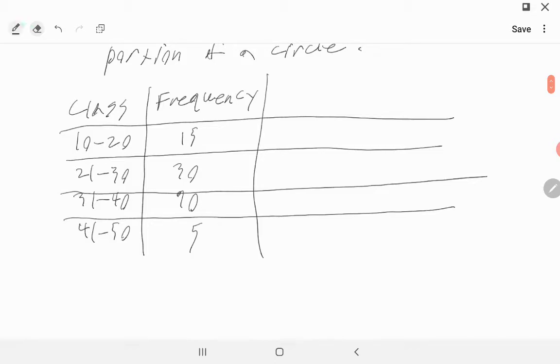Yeah, that's better. So we've got frequencies of 15, 30, 90, and 45. Those add up to 180.